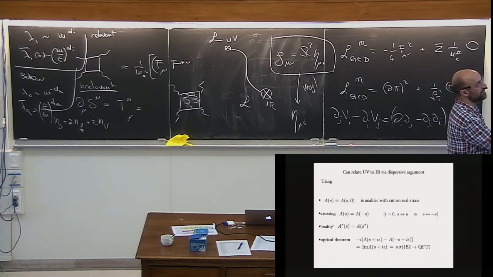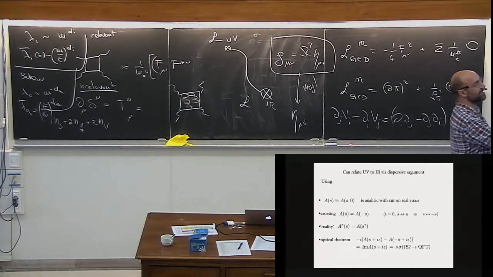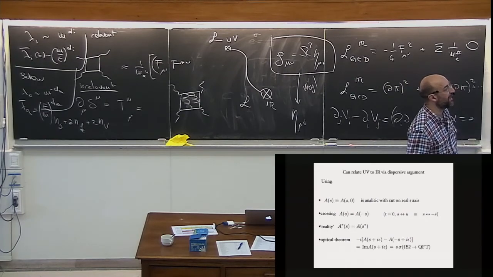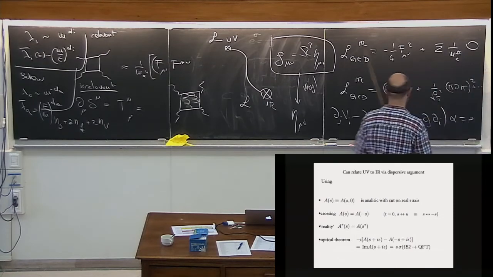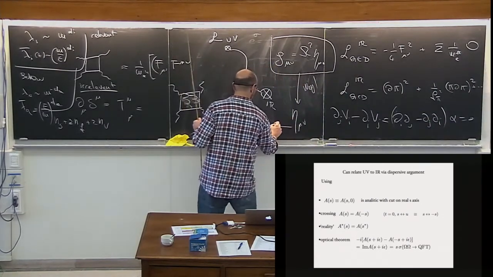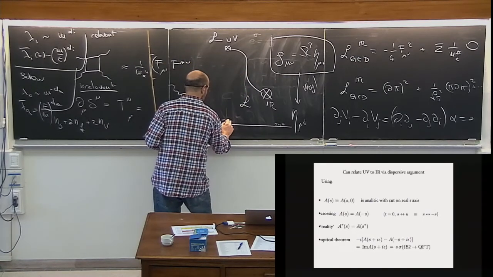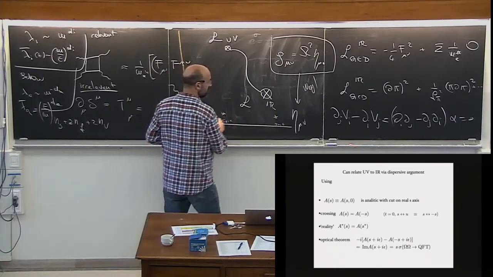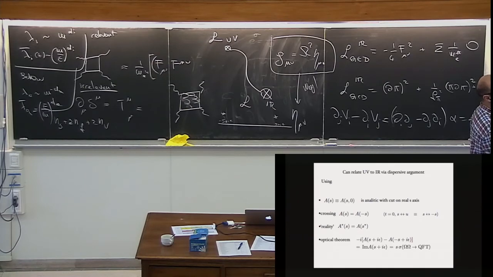This amplitude can also be proven, like you showed there, to satisfy a reality condition. So if you star it, you get the amplitude at the starred S. Using all these combinations, you have that the difference in the amplitude at the point S plus i epsilon and the point minus S plus i epsilon, two points in the upper plane that have the same imaginary part but have the minus S, is equal to the imaginary part of the amplitude.